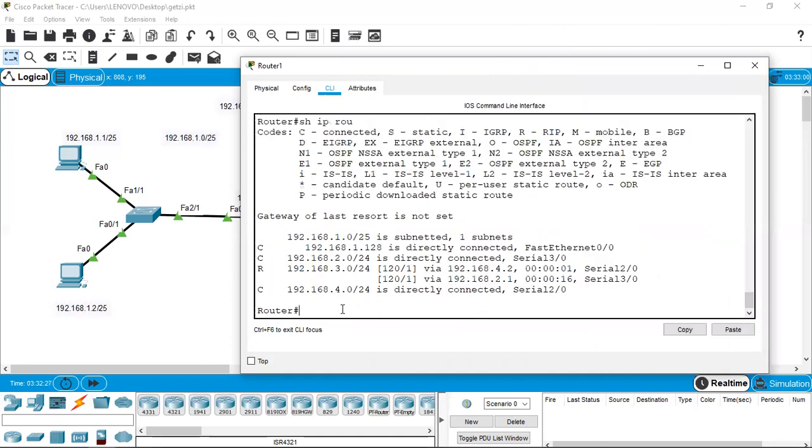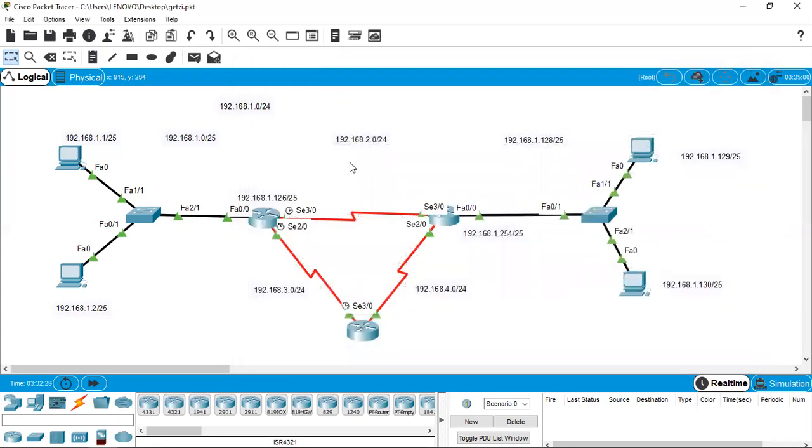Again, you have only 4 networks. We should have got 5 networks. Can we check whether the end machines are able to communicate? It failed. So this does not work.